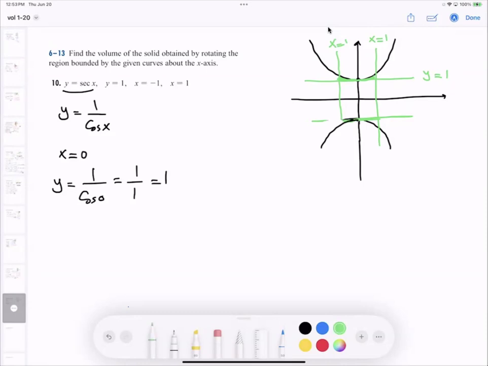And then your region down here. Okay, so we just rotated this guy about the x-axis. And this is the 3D object that you're having.